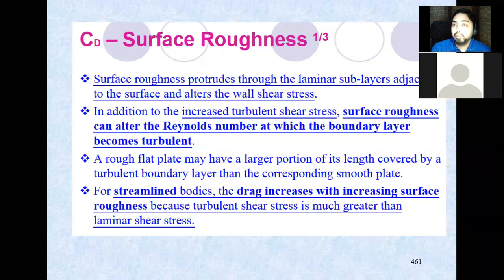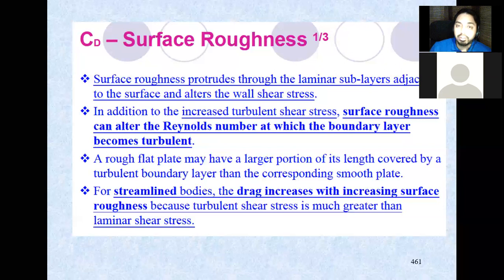So you may have increasing friction drag due to the surface roughness, but in a certain way you can have a pressure drag decrease because of that, and the combined effect may be a total decrease in drag force.